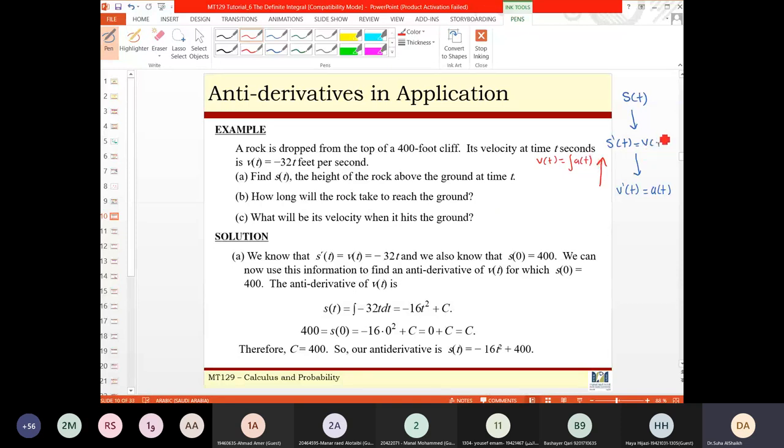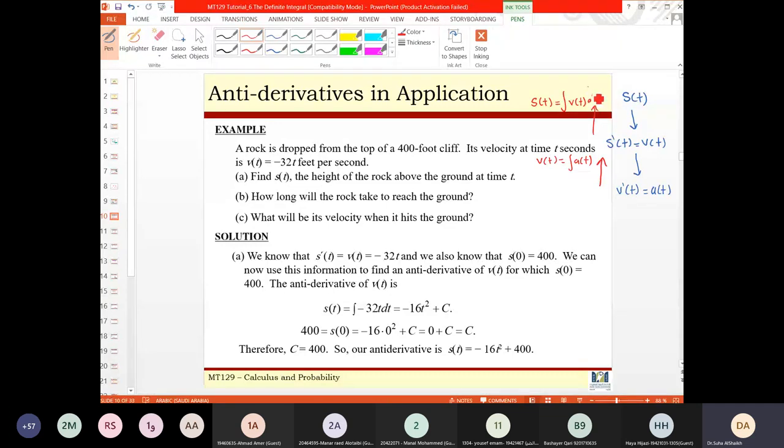The derivative of velocity gives me a of t. Velocity is nothing but the integration of a of t, and moreover the integration of the velocity v of t will give me s of t. Let me write it up there. Moreover, s of t is actually nothing but the integration of v of t.